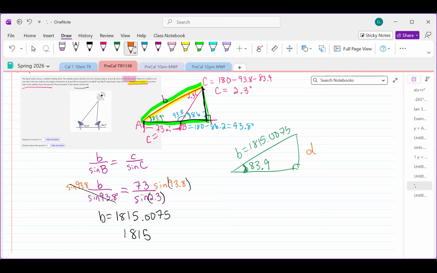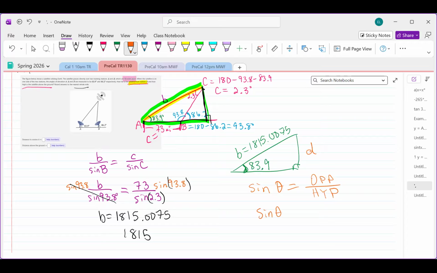So this is a right triangle, so right triangle trigonometry comes into play. The sine of any angle is the length of the opposite side divided by the length of the hypotenuse.